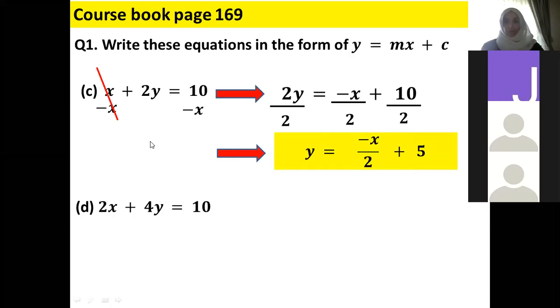If I ask you what is the gradient in this equation? Gradient is the coefficient of x. What is the coefficient of x?